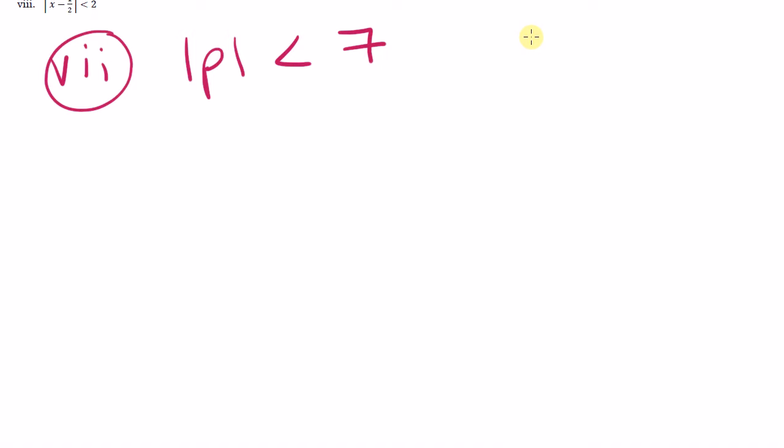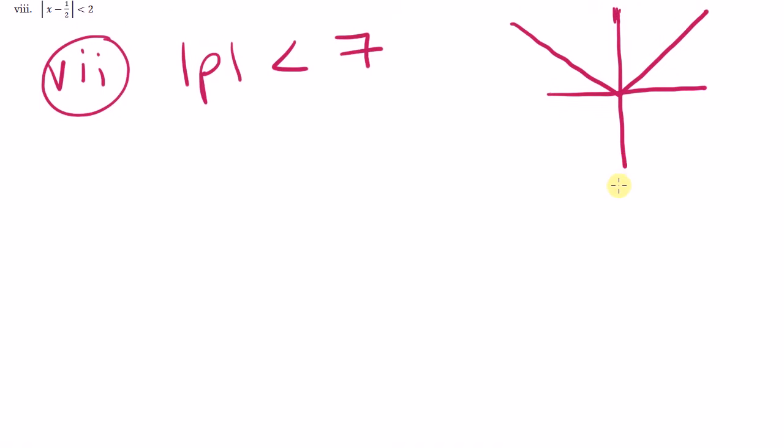And the way that I think about it is that if you look at the absolute value function, it looks something like this, right? That's what it looks like. And remember, when you're looking at absolute value, this is the absolute value of x, we'll say, that all of the answers are positive.